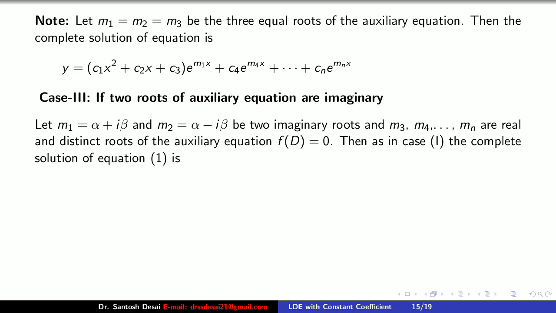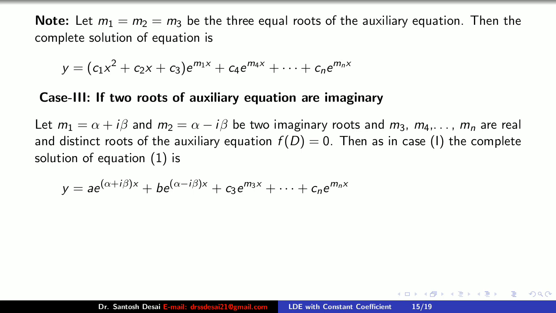Then by case 1, the complete solution of equation 1 is y = a e^((alpha + i beta)x) + b e^((alpha - i beta)x) + the remaining real and distinct terms, so we get c3 e^(m3x) + and so on + cn e^(mnx).